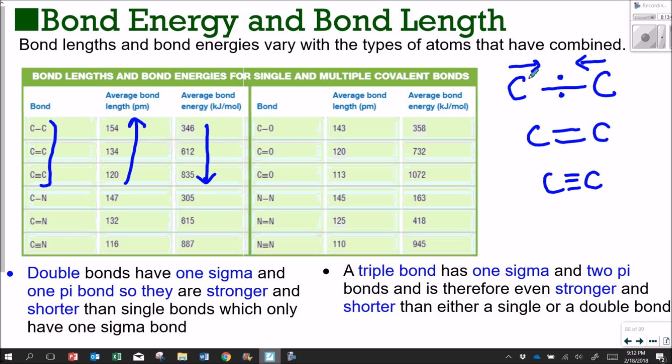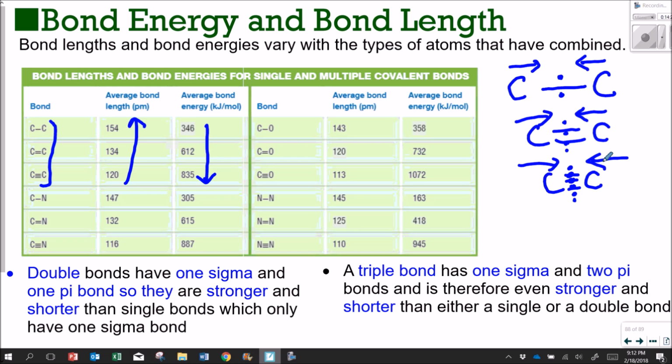If we have a double bond, we have 4 electrons in between the two carbon atoms, so there is more attraction for the two carbon atom nuclei, and they can get closer together, so a double bond will be shorter. In a triple bond, we have 6 electrons in between the two carbon atoms, so this attraction will be even stronger, and the triple bond will be the shortest.